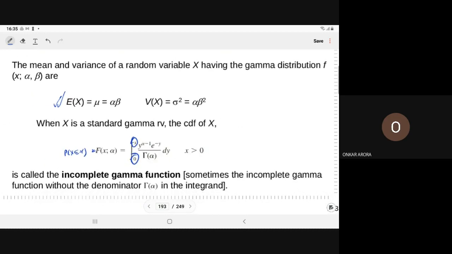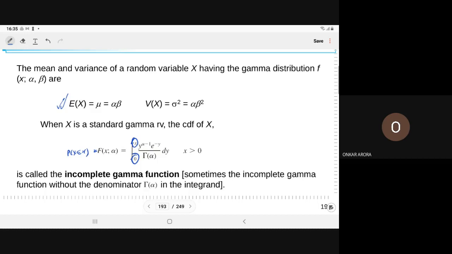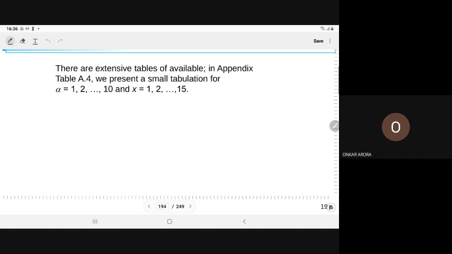This integral is also known as the incomplete gamma function, or sometimes the incomplete gamma function without the denominator gamma of alpha in the integrand. Sometimes we write it without this also. It means we don't have a closed form formula. A closed form formula for the CDF of a gamma variate we cannot compute.